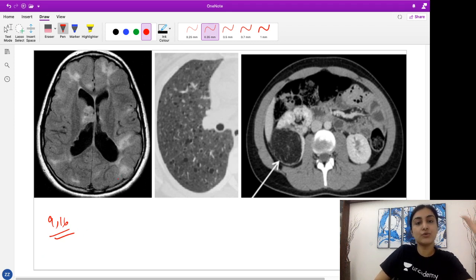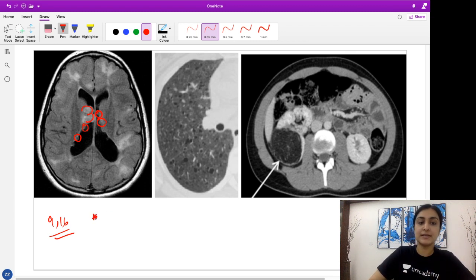Now let's look at a few cardinal features. So again, I'm showing you this MRI of the brain, and this is the FLAIR sequence that I was talking about. So what we are seeing here, guys, the pathognomonic feature of tuberous sclerosis on MRI brain will be these multiple subependymal nodules. So can you all see these multiple nodular deposits in the subependymal location of the ventricles?